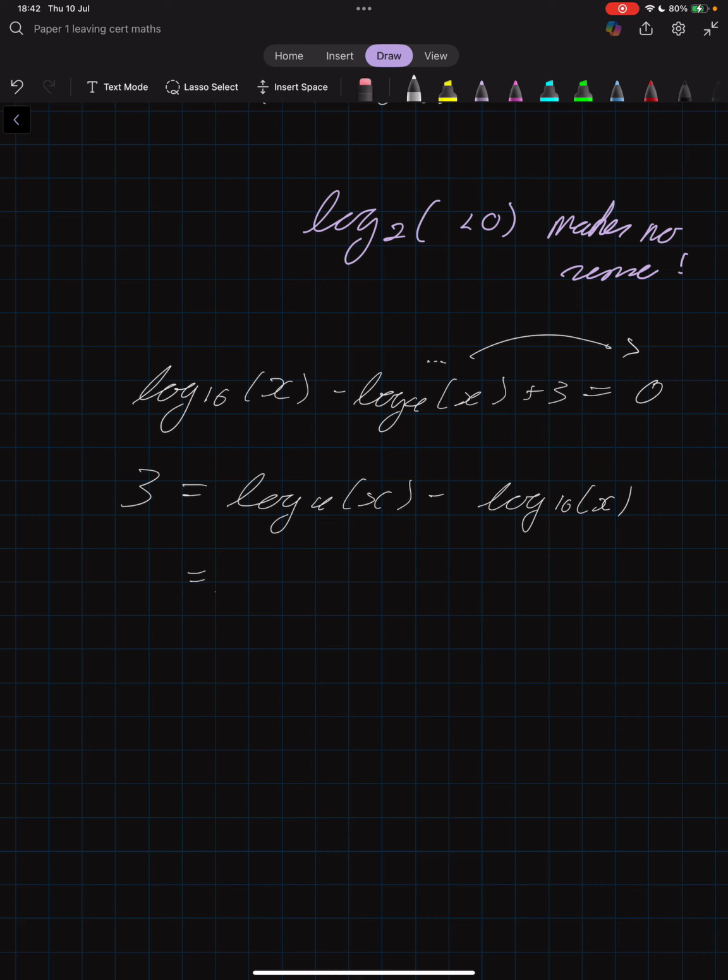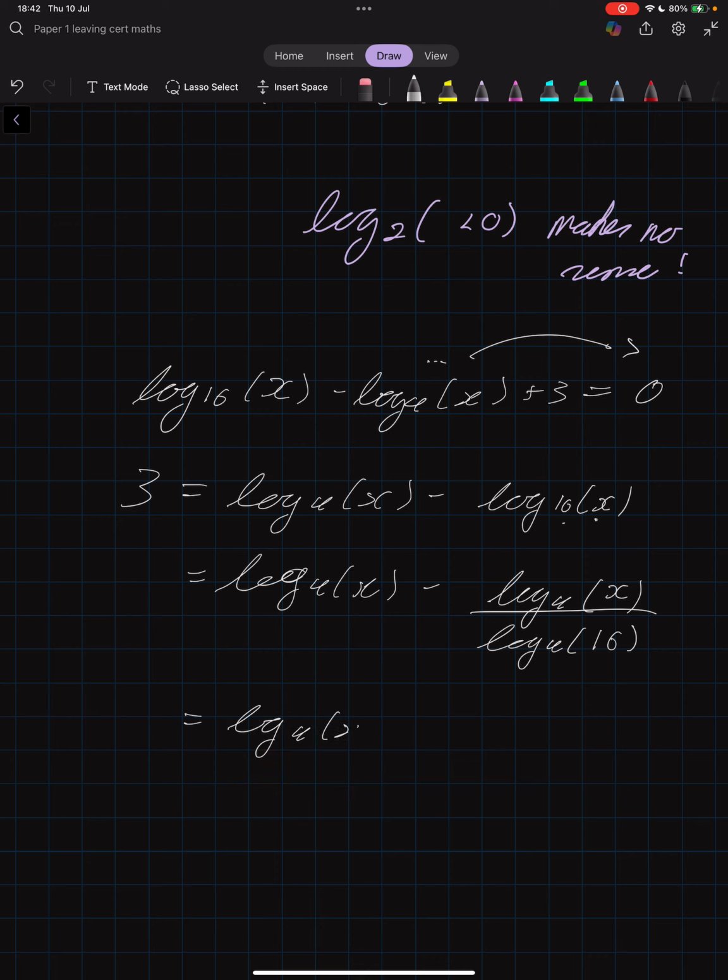So again, I'm going to change everything to log to the base 4. So again, it's log to the base 4 over log to the base 4. This is on the right, so it goes on top. This is below, so it goes below. So this is just equal to log to the base 4 of x minus log to the base 4 of x divided by 2.